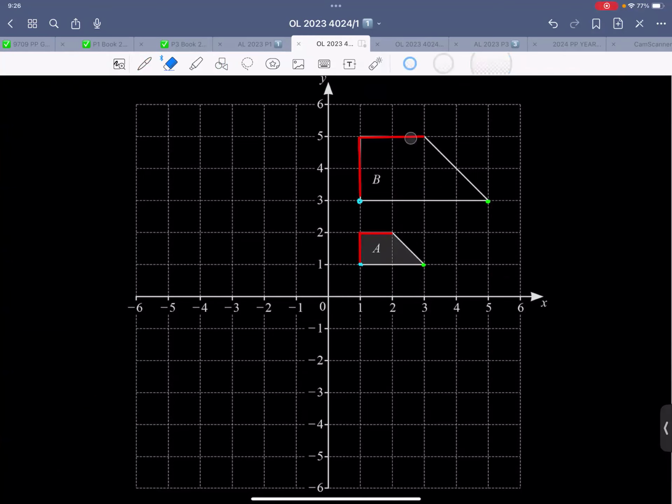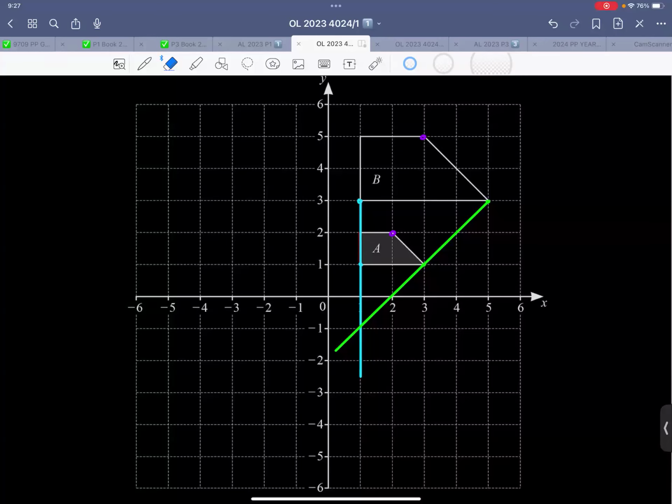So what do we do? We erase this, and we join corresponding points. So let me join these two points, that is the blue point, and just extend it this way, something like this. Let me join the green points and extend it this way. Let me also mark the purple point, and let me erase the small thing.